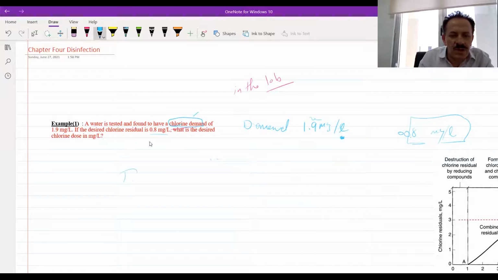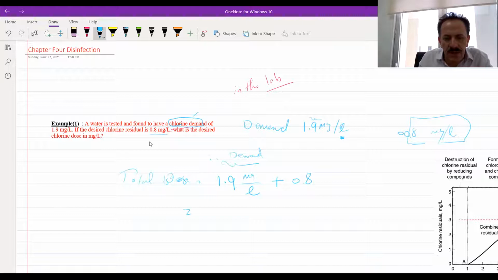So the total dose for adding chlorine will be 1.9 milligram per liter, which is just the demand for killing the bacteria, plus how much is required to be free available, 0.8. So it means that we have 2.7 milligram per 1 liter. Now for each 1 liter of the raw water, we need to have 2.7 milligram of chlorine.